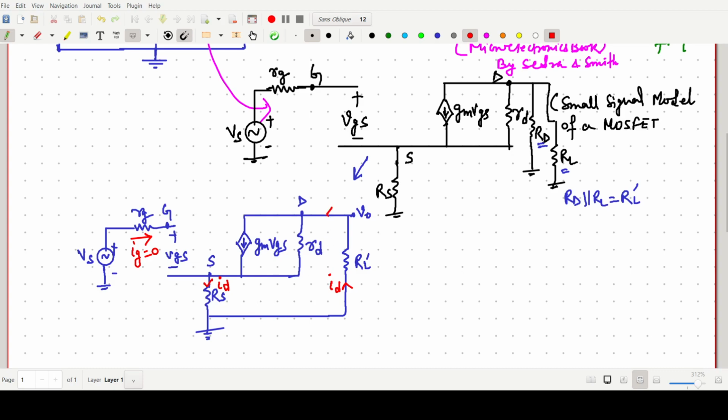Now this one is also ID, so one can say this current will be ID minus gm VGS across this one, because for the time being I am saying this one is a drain point. ID current is going, and some current gm VGS is going, so we have to find this current.